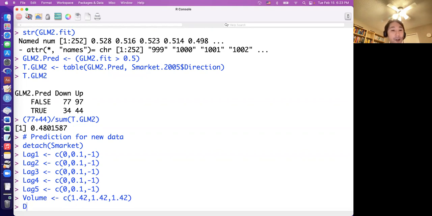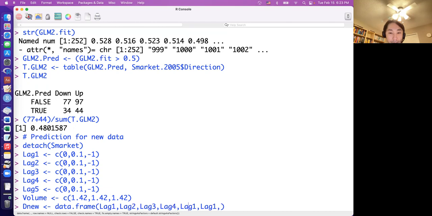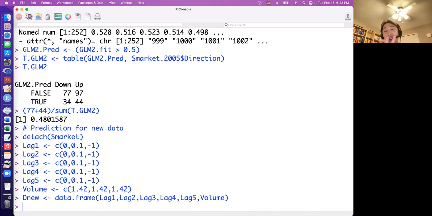Then to get fitted values of this new data set, basically we have to make a data frame which has exactly the same shape. So we declare a data frame with these created variables, lag 3, 4, 5, and the volume. And we don't really need other variables such as year or direction. We just need all predictors here.